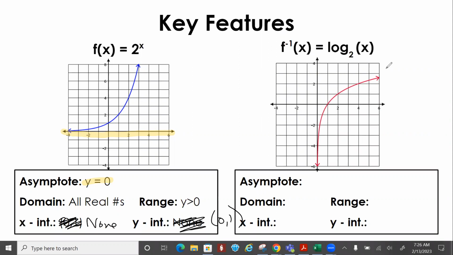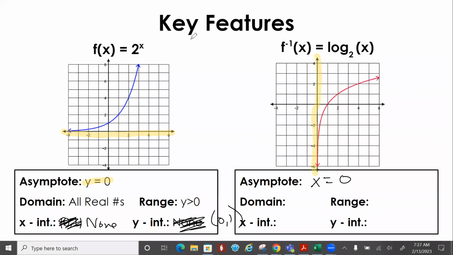Remember, logs are inverses of exponential. So basically what's going to happen is you're going to flip-flop your x and y's. Watch this. The asymptote is now going to be a vertical asymptote at x equals 0. So right here, there's going to be a vertical asymptote.